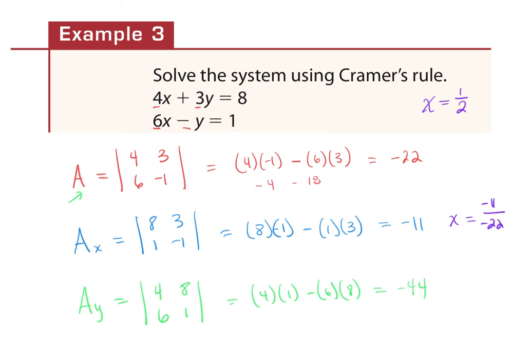Negative 11 over negative 22. My y is going to equal what happens when I take my y determinant divided by my coefficient determinant, negative 44 divided by negative 22, y equals 2. This tells me the coordinates 1/2, 2 would be the answer to this. Those would be my coordinates, okay?